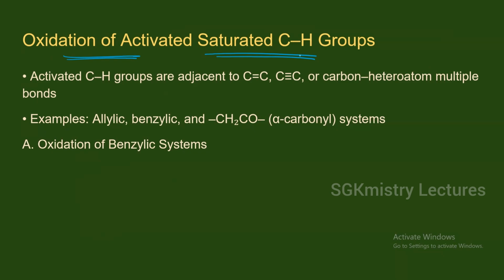They should be adjacent to these groups, that is C double bond C, C triple bond C, or carbon-heteroatom multiple bonds like C double bond O. Whenever the CH groups are adjacent to these particular groups, we call such CH groups activated CH groups. Right. We have different examples like allylic groups, benzylic, as well as CH2CO, that is alpha carbonyl systems, which come under these activated CH groups.